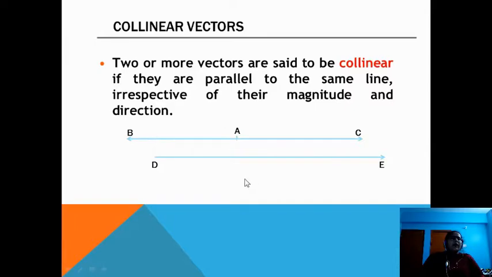Still, as per our definition, AB and DE are collinear vectors. Similarly, AC and DE are also collinear vectors. Even AB and AC, we can say, are also collinear. So finally we can see that AB, AC and DE, all three, are collinear vectors.